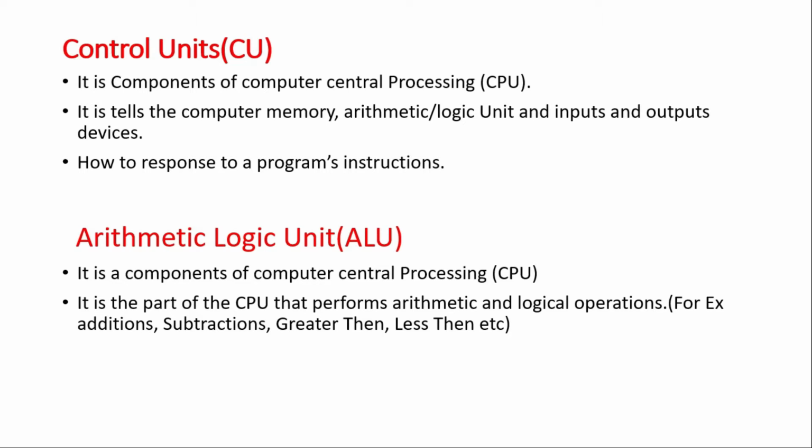Arithmetic logic unit, ALU, is a component of the CPU. It is the part of the CPU that performs arithmetic and logic operations like addition, subtraction, less than, greater than, etc.